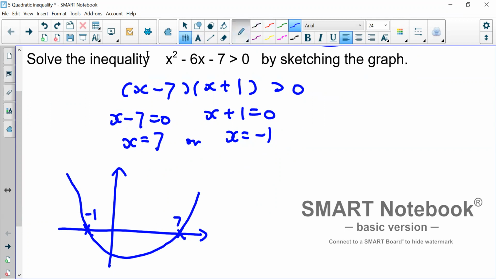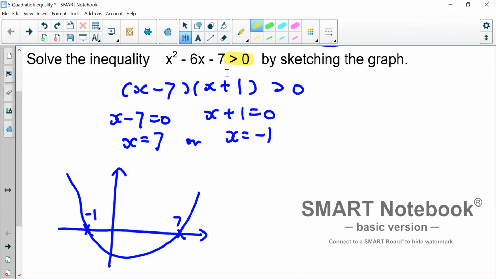Then we look at the inequality, because here it says we want the graph to be greater than 0. Greater than 0 means we're looking for the part of the graph which goes above the x-axis. So we're looking at this end, which is on the left-hand side of the point minus 1, and this part of the graph, which is on the right-hand side of the 7.